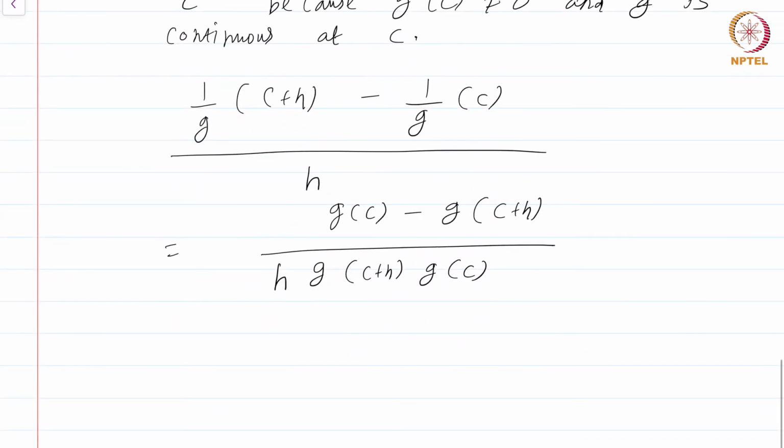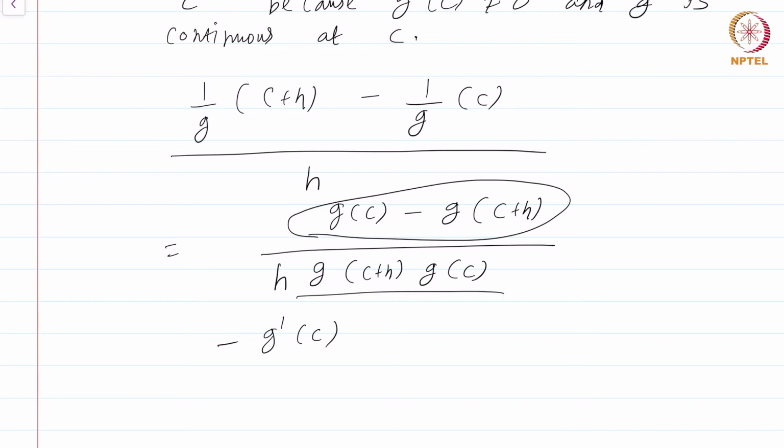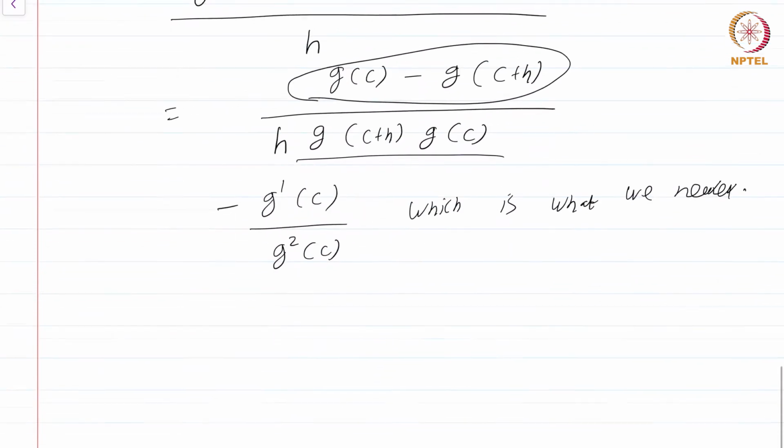Now when you take the limit h going to 0, you clearly get g prime of c with a negative sign, because the order has gotten mixed up. Because of that you get minus g prime of c, and the denominator just becomes g squared of c, which is what we needed. So the derivative of 1 by g is minus 1 by g squared times g prime of c.